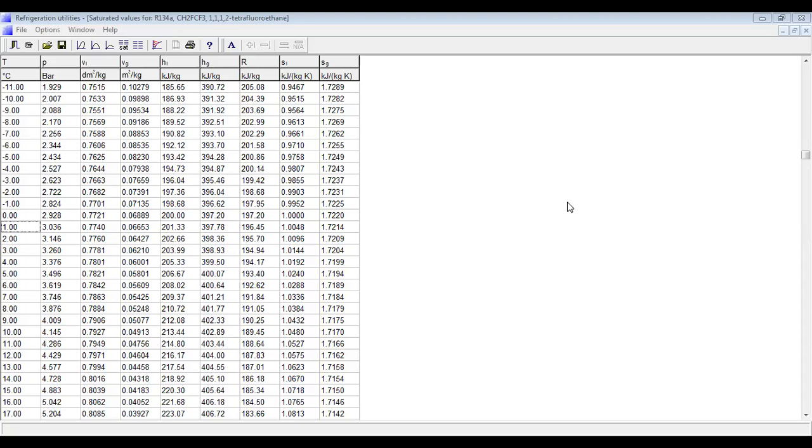This refrigerant can be out. After that, this will go back here continuously. So you have to have a suction now.